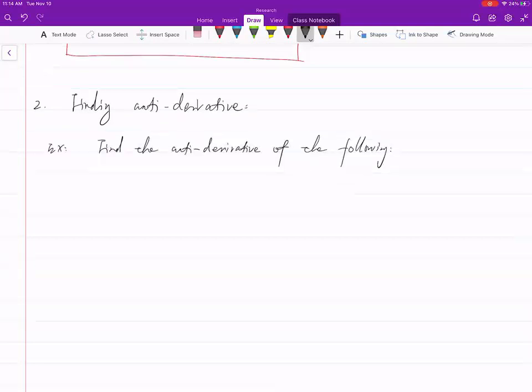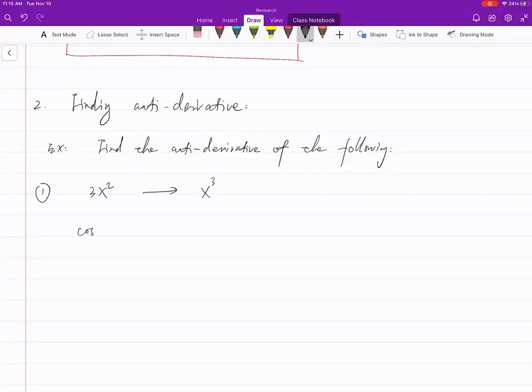Let's divide them into several categories. Number 1, what's the antiderivative of 3x squared? x cubed.